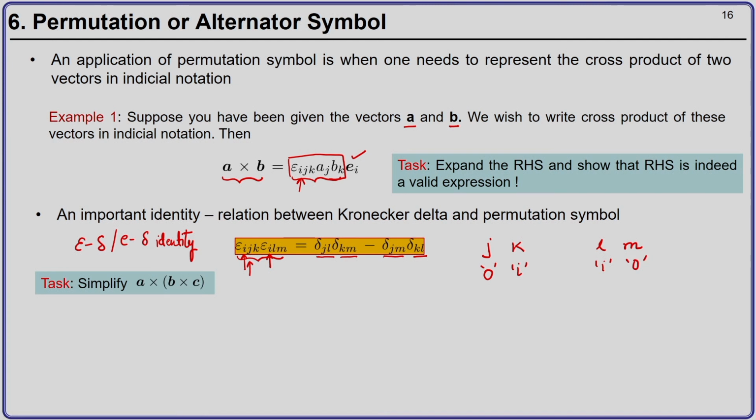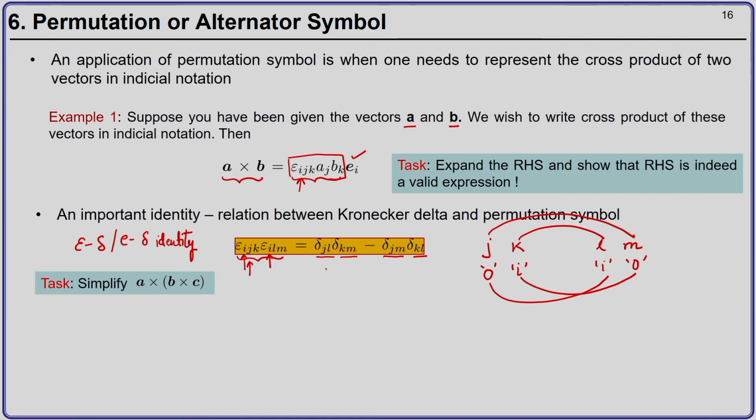So, on the right hand side, you see delta j l, which is outer inner, and delta k m, which is inner outer, minus delta j m, which is outer outer, and delta k l, which is inner inner.